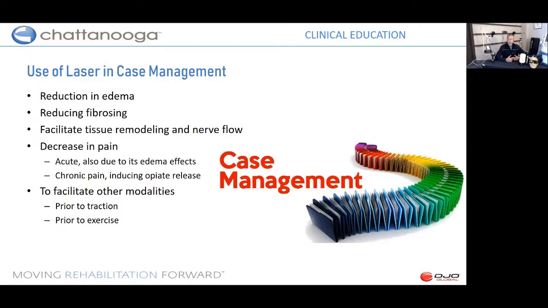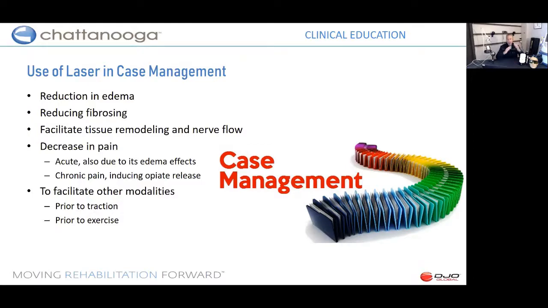Same thing, we've got a lot of things that potentially decrease pain, some with similar mechanisms and some with different mechanisms, and then to facilitate other modalities. I put prior to exercise, for example, because if we can reduce pain, then it might allow us to do some other things, because pain in and of itself, nociception, reduces motor neuron excitability, or nerve conduction flow to the quadriceps, for example, even at that subconscious level.